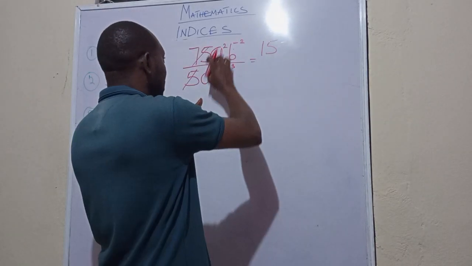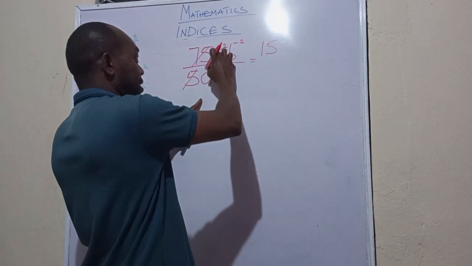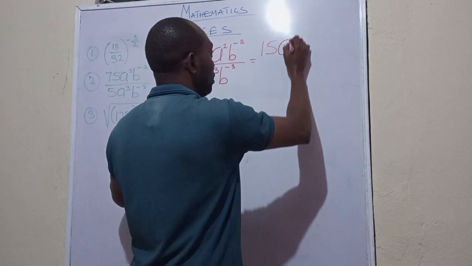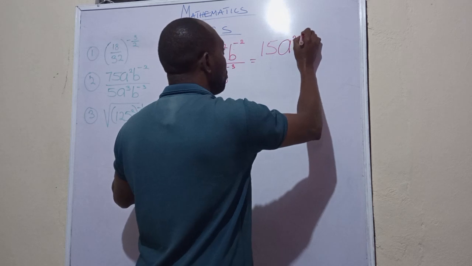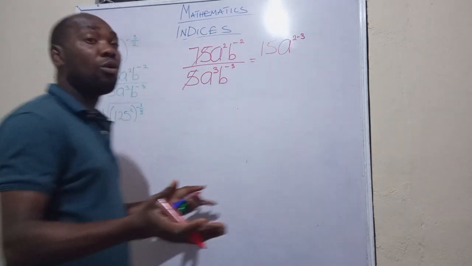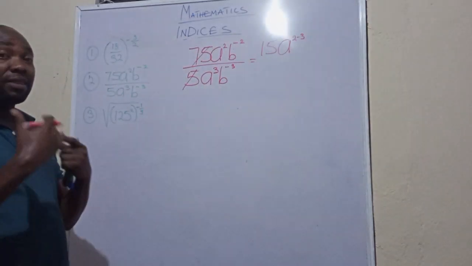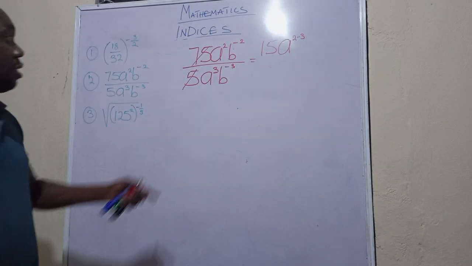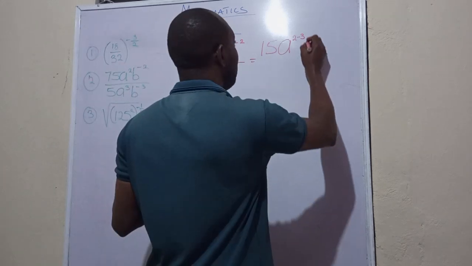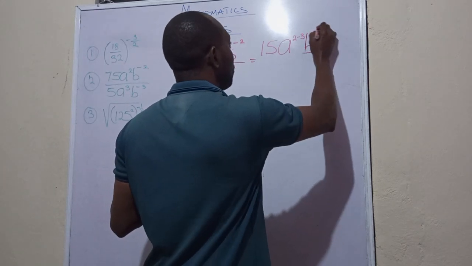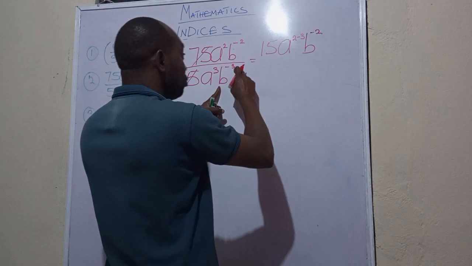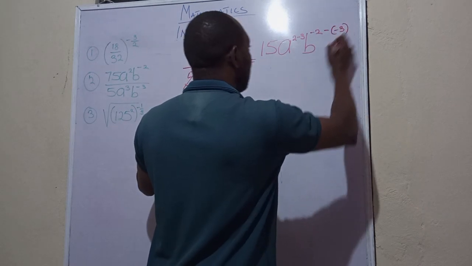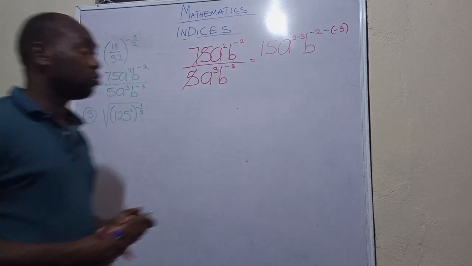So now a raised to the power of 2 will divide with a raised to the power of 3, which is going to be a raised to the power of 2 minus 3, from the law of indices that whenever they divide, their index will subtract. The next value was b raised to the power of minus 2, and here we subtract minus of minus 3.